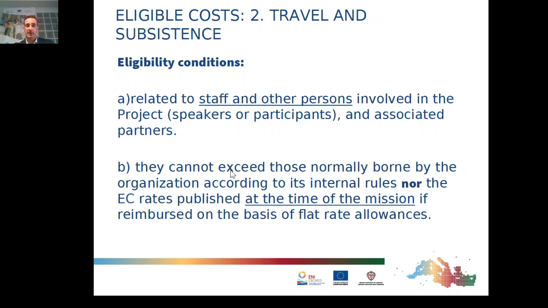The travel costs cannot exceed those normally borne by the organization according to its internal rules, nor the EC rates published at the time of the mission. So pay attention to these conditions when drafting your budget, knowing that if your project is approved, you will have to respect these two limits for your travel costs.